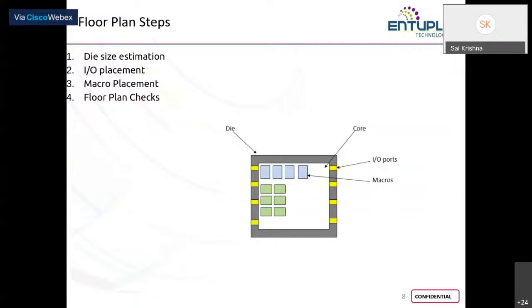And the third thing is that you should never rotate your macros by any angle except for 180 or 360. That means you can flip your macro vertically or horizontally, but you cannot rotate them clockwise or anti-clockwise.